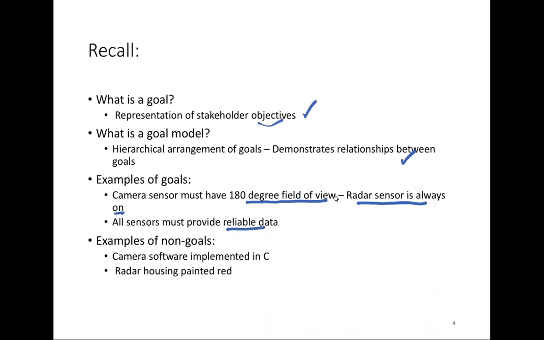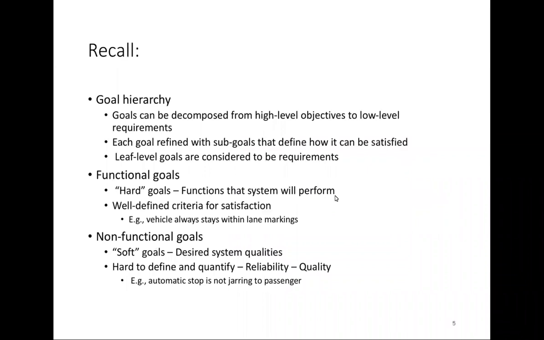So what is a goal hierarchy? A goal hierarchy is just a representation of the decomposition of the goals from high-level objectives to low-level objectives. When we say low-level objectives, we mean those at the bottom of the hierarchy, which represent the leaves of the hierarchy. At the end of the hierarchy, those leaves, or low-level goals, will be used to model the requirements.